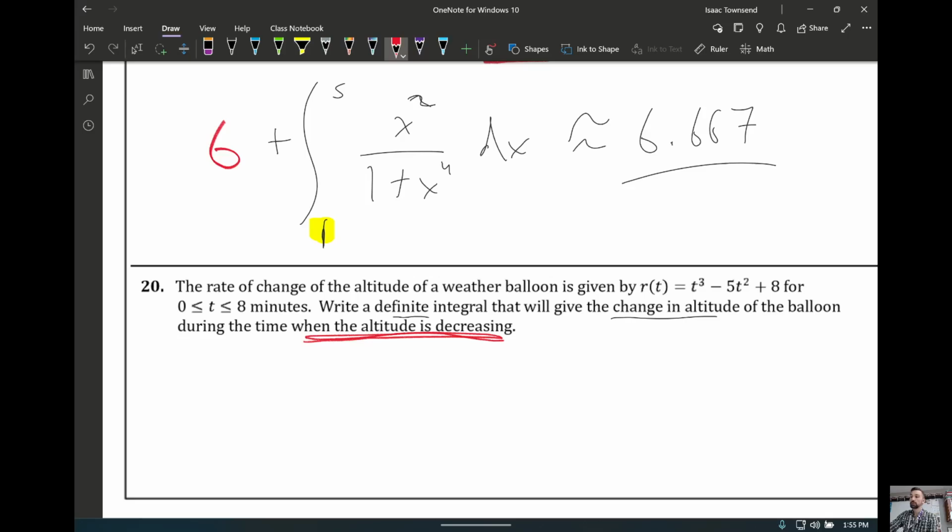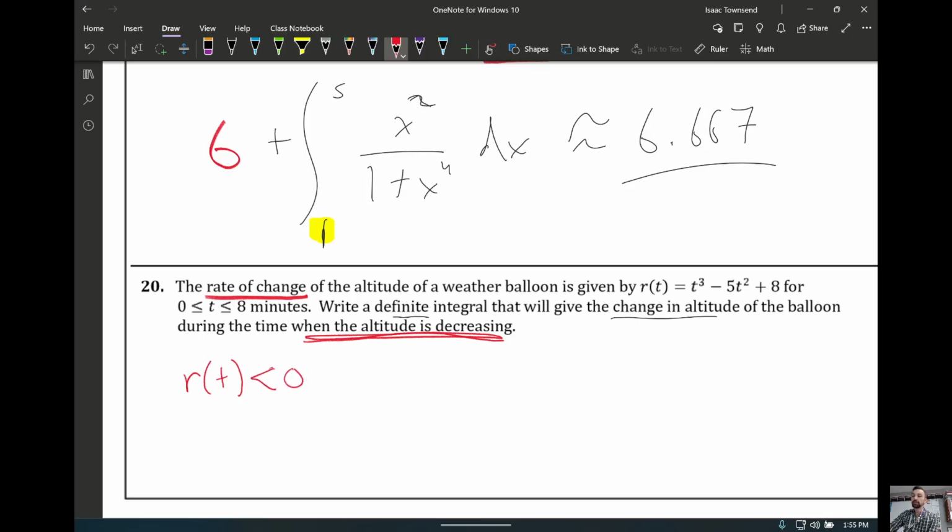Derivative is negative. Okay, and then another word for derivative is rate of change. So I really want to know when the rate of change is negative.